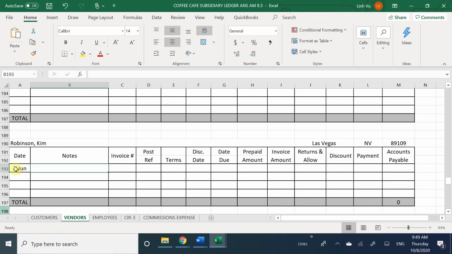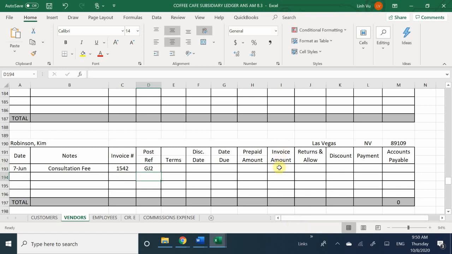Okay, notes. Is there any notes that you want to place in there? Yes, we could just say it's a consultation fee. Okay. Invoice number, which we do have, it was 1542. Okay. Post reference is going to be general journal number 2.